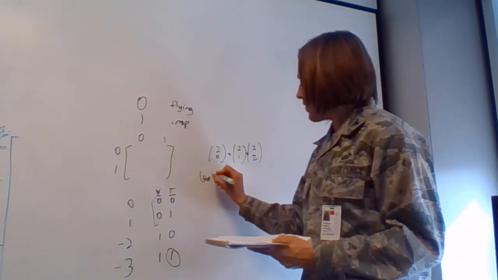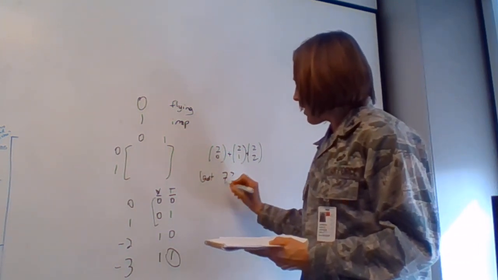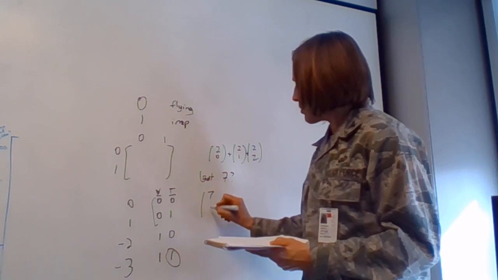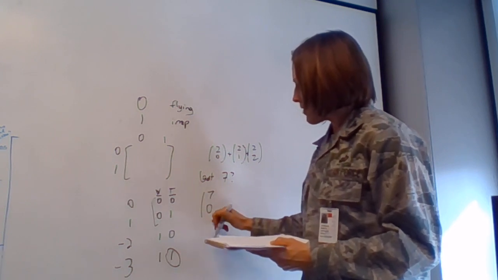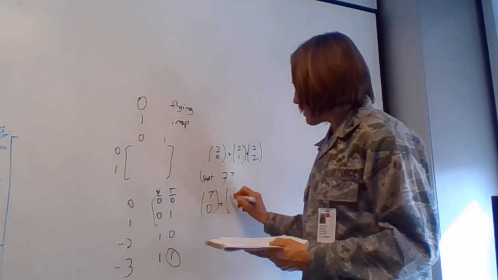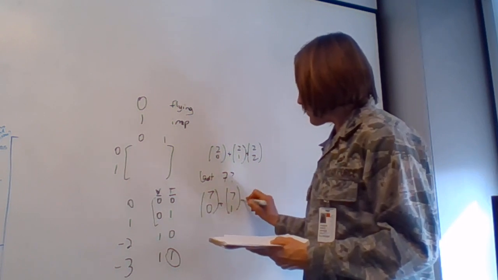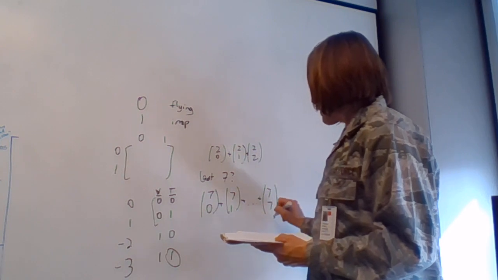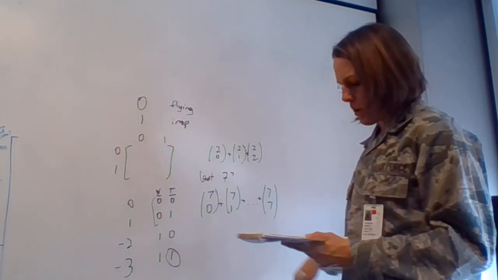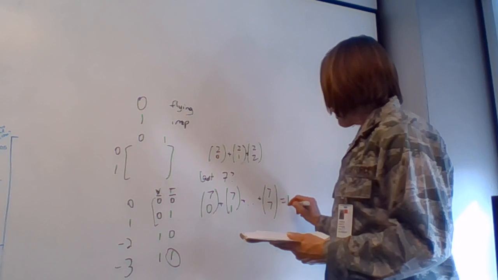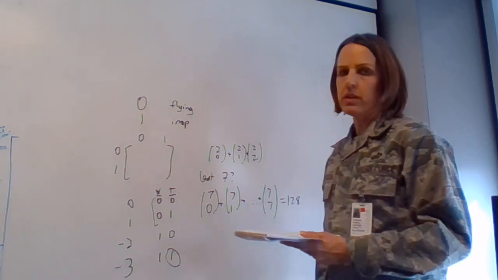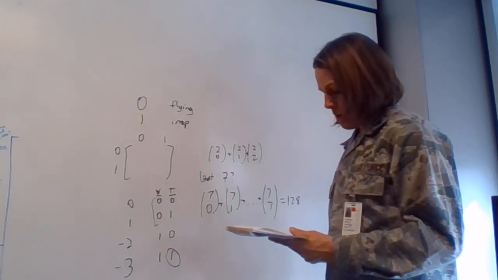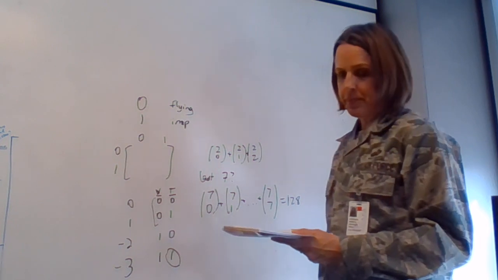If it's the last 7, now we're going to have 7 choose none of the last 7 days plus 7 choose 1 of the last 7 days plus all the way up to 7 choose 7 of the last 7 days when it was in one state or the other. And you end up with 128 possible states. So quickly that can get extremely messy. Not the easiest way to do it.